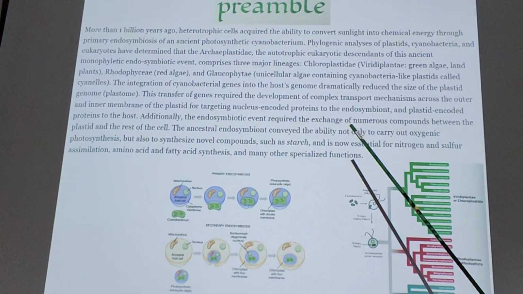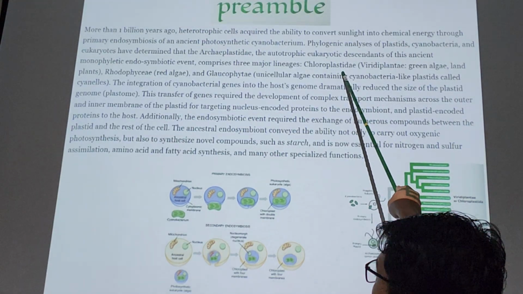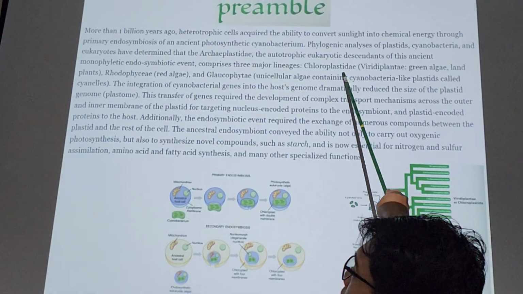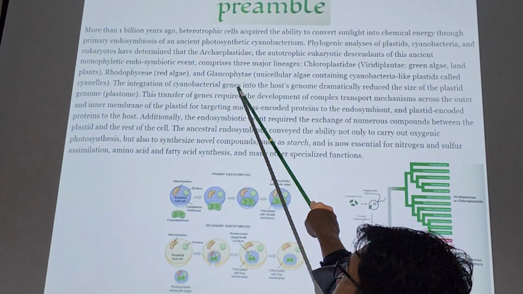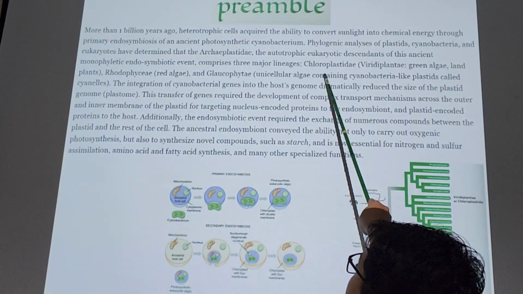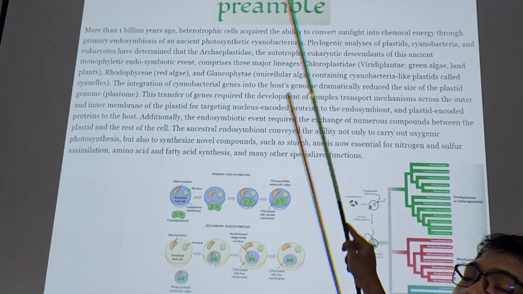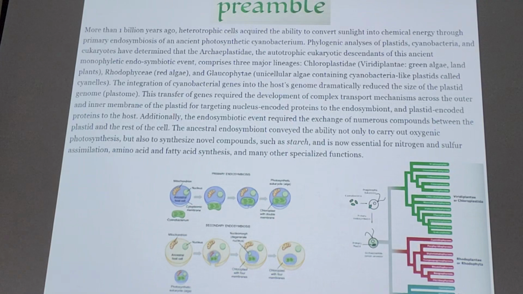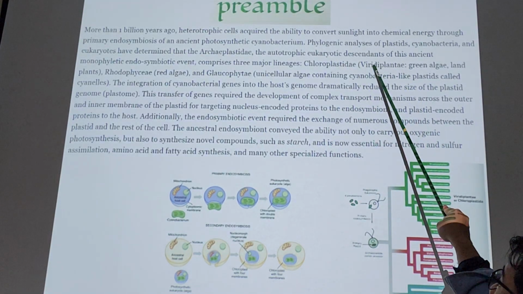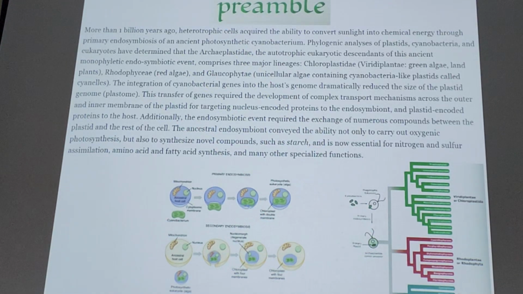So we got the Chloroplastidae line, and then we got the Rhodophyceae line, and also the Glaucophytae line. So Chloroplastidae includes all the green plants and the green algae. Anything to do with algae is under this line. Okay, Viride is the Latin, it means green.